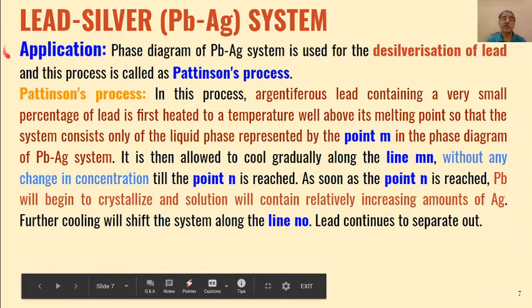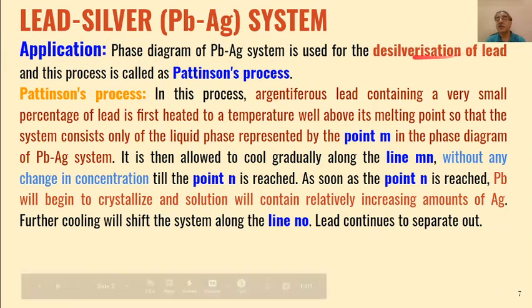Then a very important application of the lead silver system is in the desilverization of lead, and this process is called the Pattinson process. In this process we have argentiferous lead, which contains a very small percentage of silver. It is first heated to a temperature well above its melting point, so the system contains only the liquid phase, with both lead and silver.